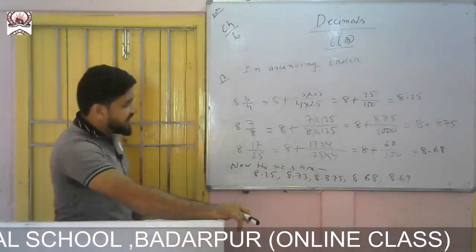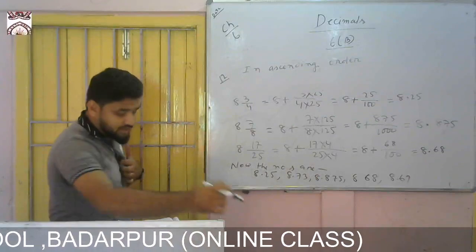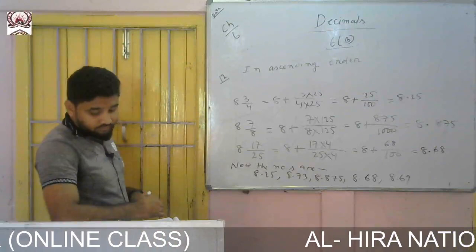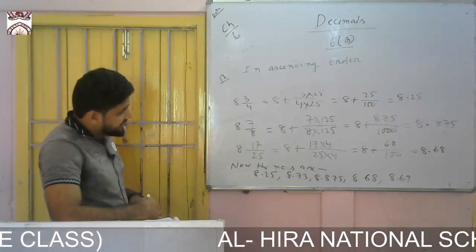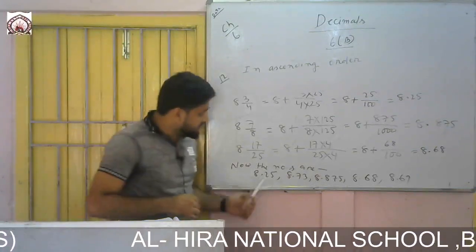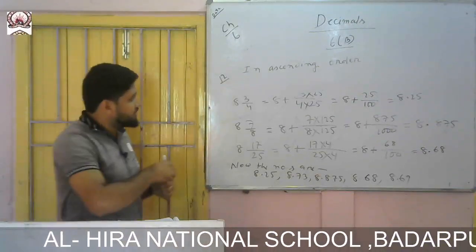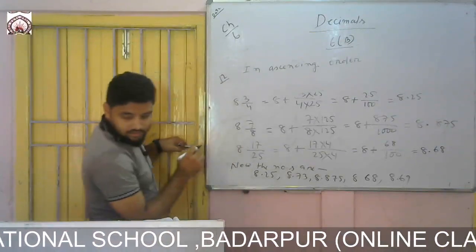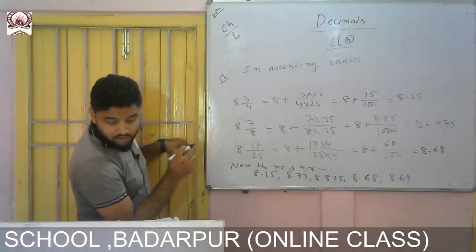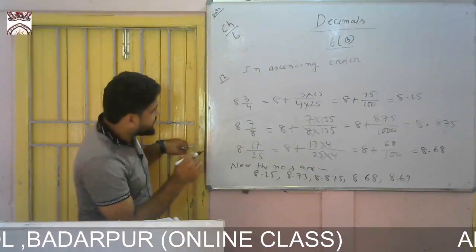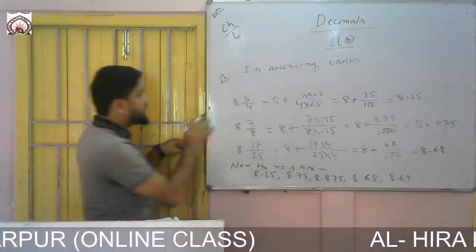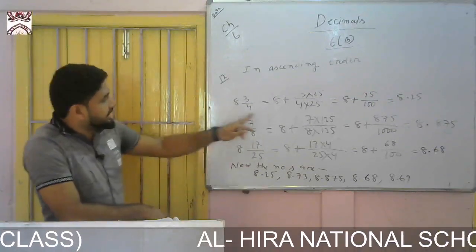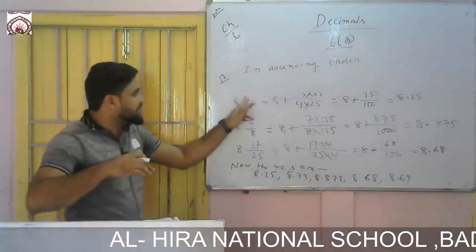So first, let us see what will come first. 8.25. That means 8 3 by 4.